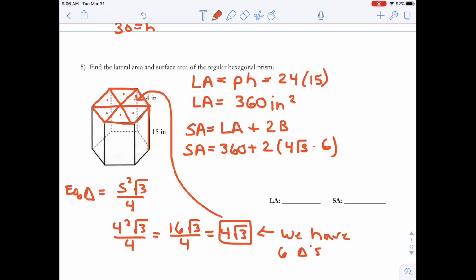You are perfectly fine to go ahead and write this as a decimal if you end up with a decimal here. And it comes out to 443.1. So there we go. We have 360 inches squared for the lateral area, 443.1 for your total surface area.